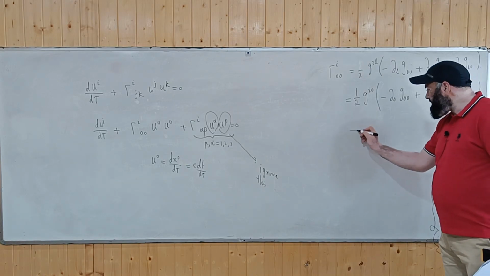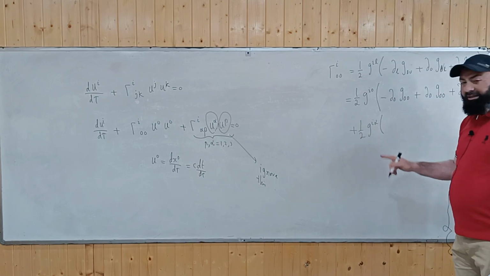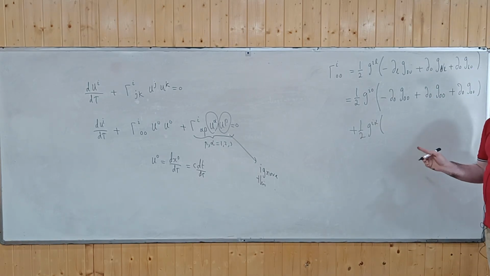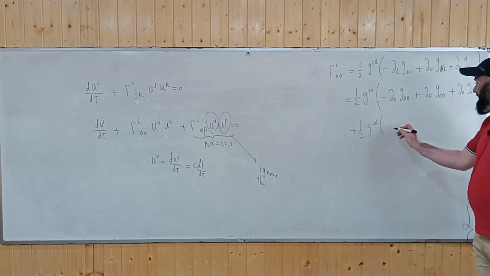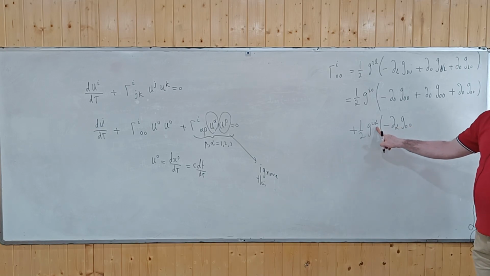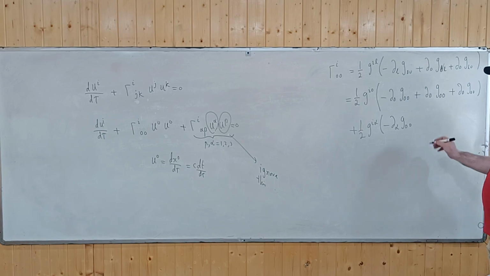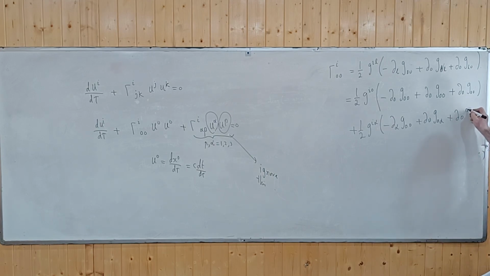Then you have another term, plus half g^iα. Alpha is an index, it's a spatial index, there is a sum over alpha. Minus ∂_α, you can write actually 1 here, g^i1, the next term will be g^i2, another will be g^i3, plus ∂_0 g_0α plus ∂_0 g_α0. Okay. So now the condition we have set: our metric is static, is it?